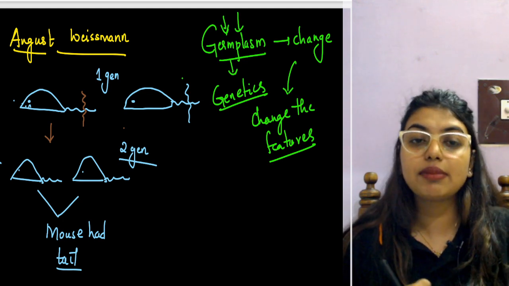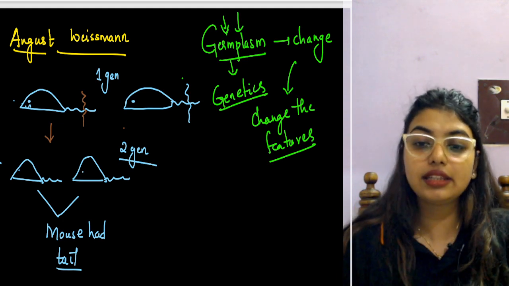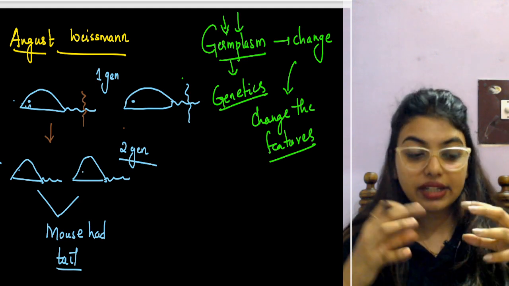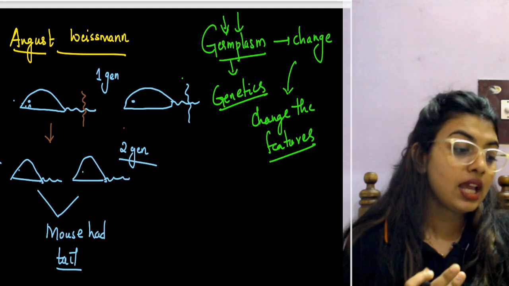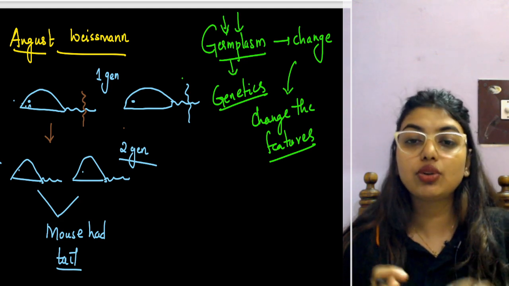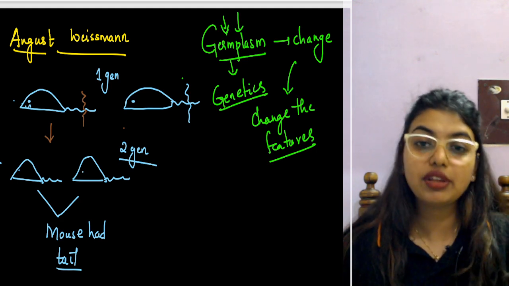So August Weismann told that when he did this whole research, even though he chopped off the tails in the first generation and let them produce the kids, he noticed that the next generation all of them had tails.